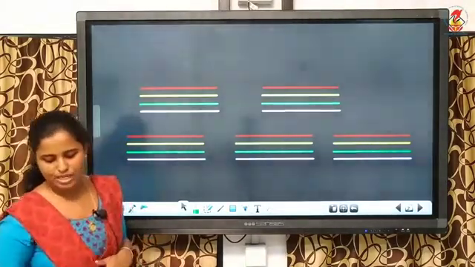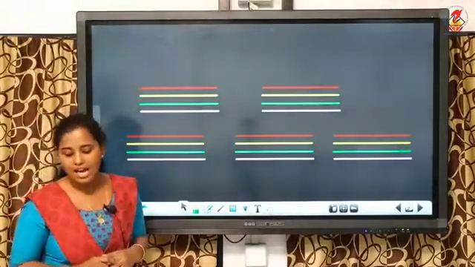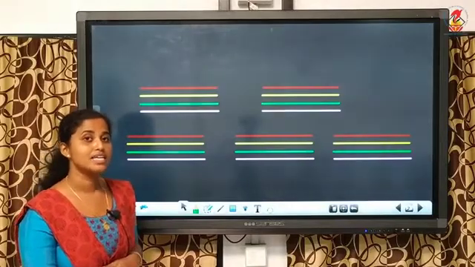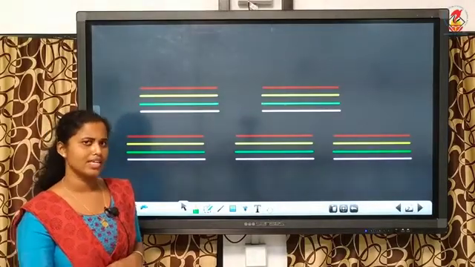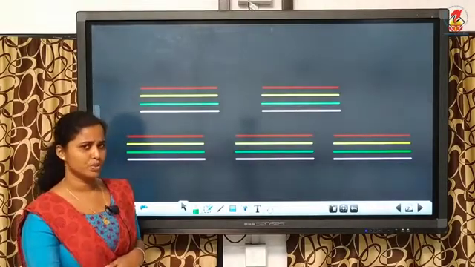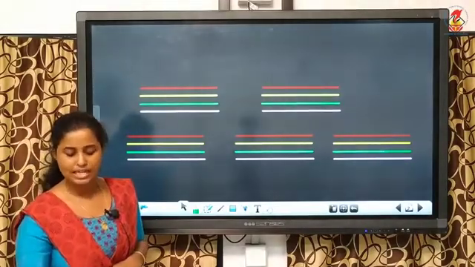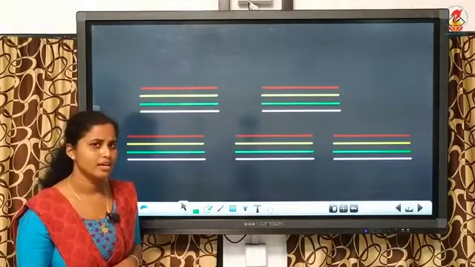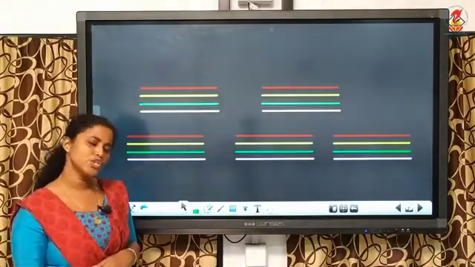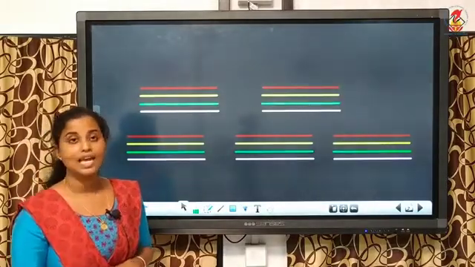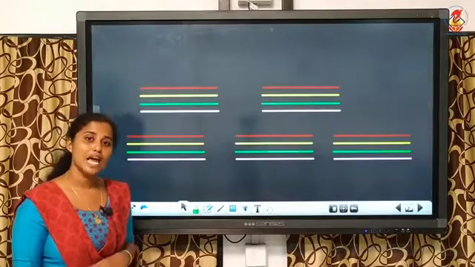So the first word given on the worksheet is R-E-D, red. Is there a vowel letter A? No, isn't it? So the next word, K-I-D, kid. Is there a vowel letter A? No, isn't it? We'll move on to the third word, C-A-B, cab.